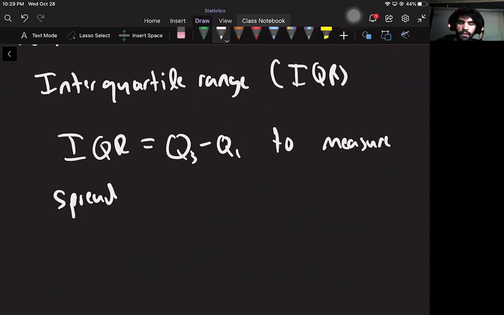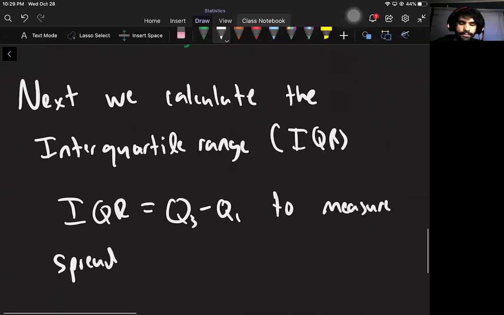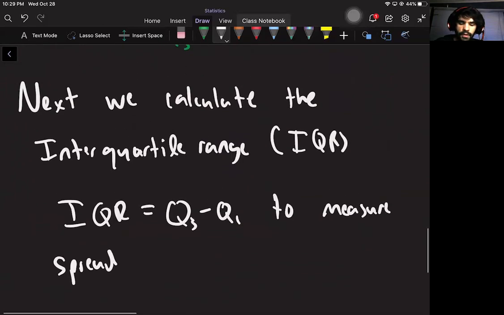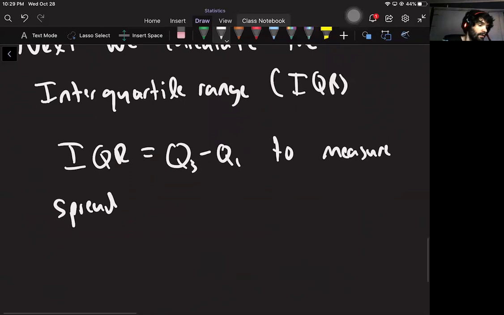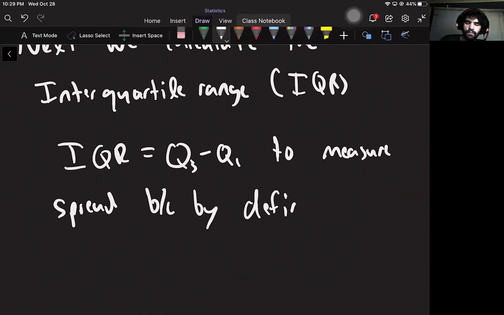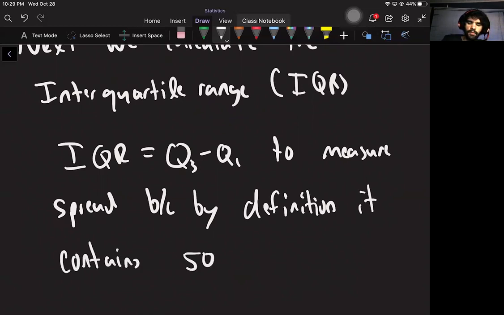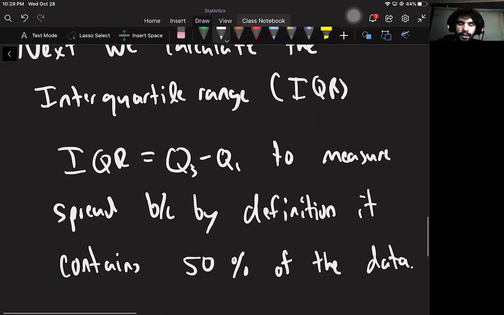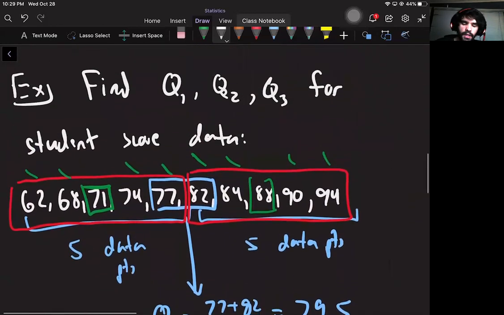Next we calculate the IQR to measure spread, because by definition it contains 50% of the data. So it contains a good chunk of the data automatically, just by definition of medians.